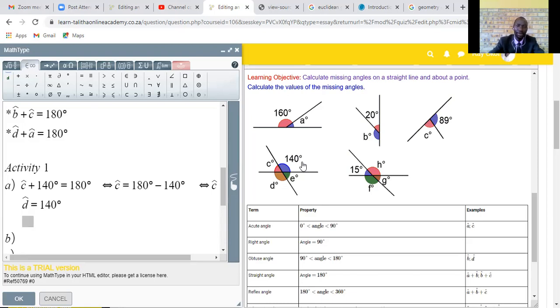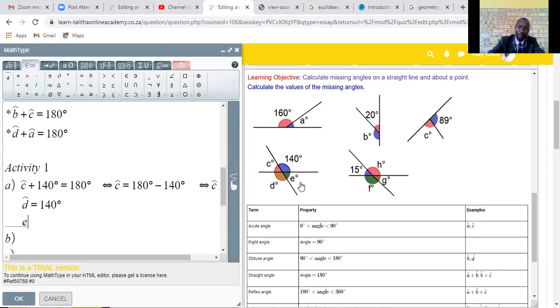All right. So we say angle E, and angle 140 degrees. Well, we could use that approach. Or we could make it a little bit easy. So many ways. We could say D and E add up to 180.